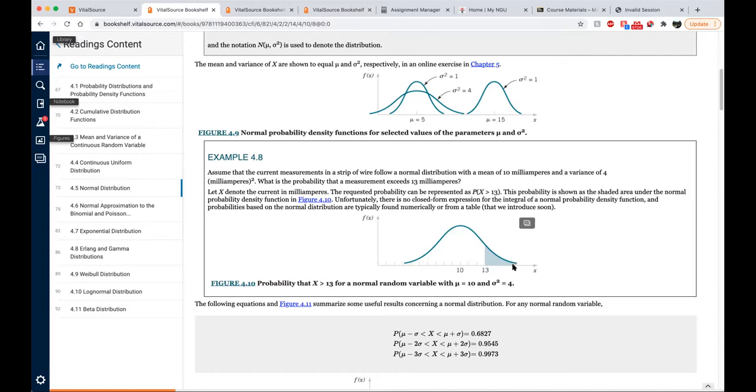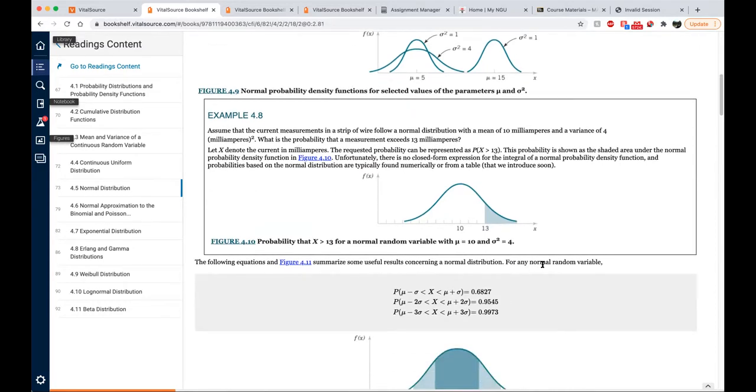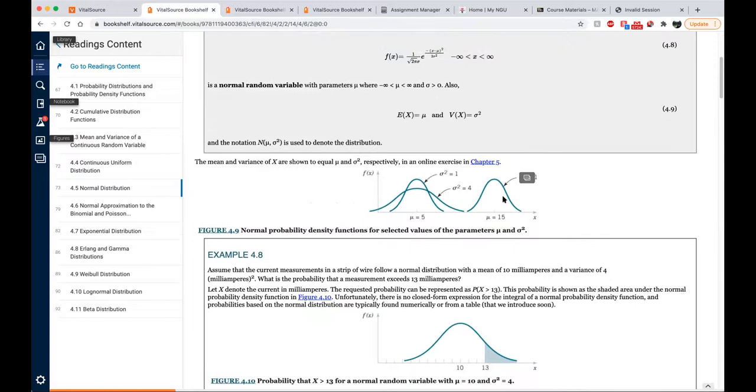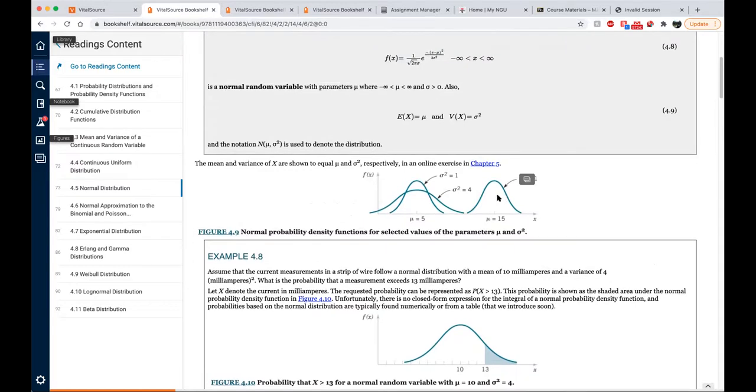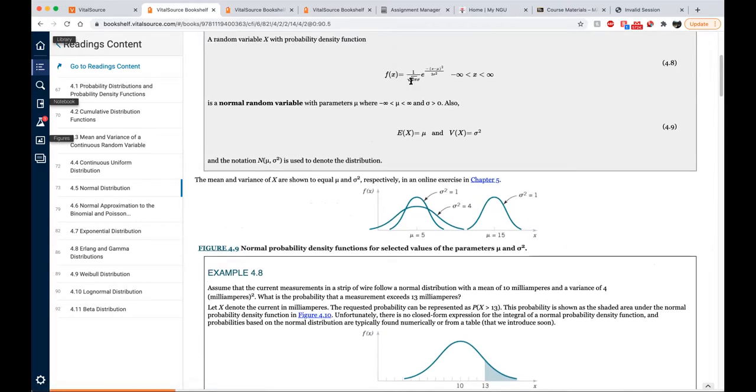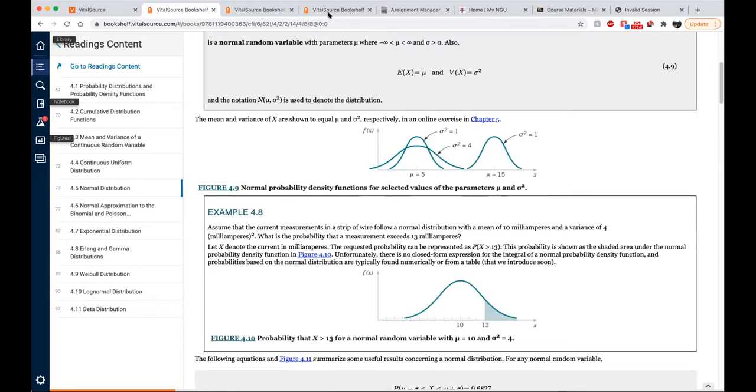So how can I find this? Mathematically, you definitely need to take the integral from 13 to infinity of f of x, but you see that f of x is kind of complicated. So let me show how to do this using the TI-84 calculator.